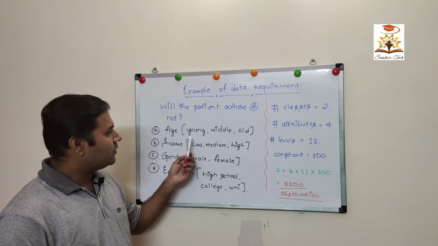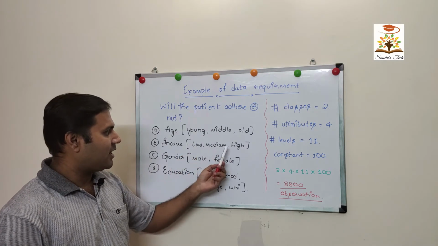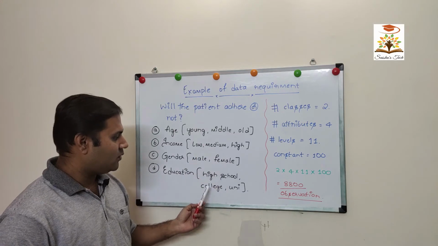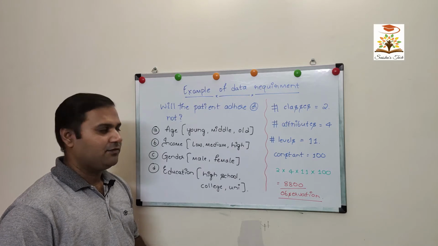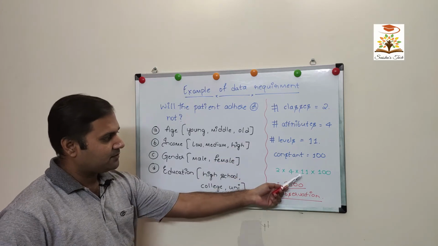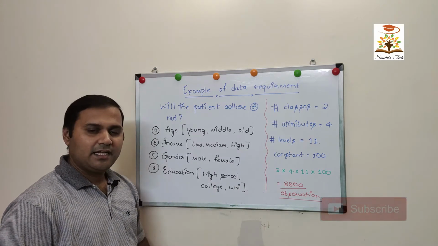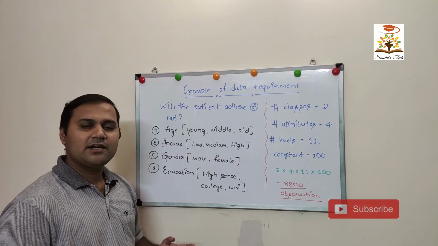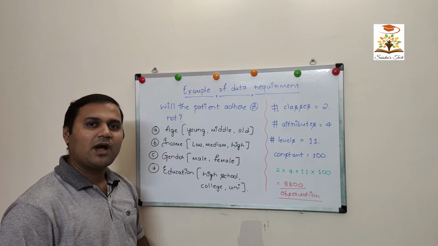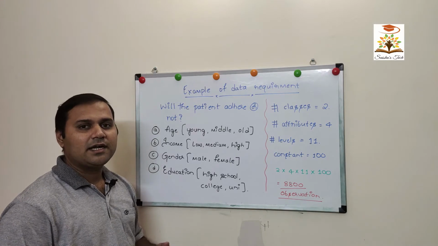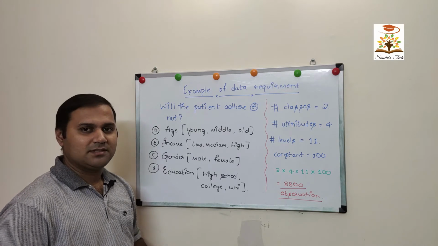We have totally 11 levels, that is young, middle, old, low, medium, high, male, female, high school, college and university, and a constant of 100. When we multiply all these values, we get output as 8800. Hence, we would require 8800 observations as a minimum data requirement for building the model to identify whether the patient will adhere or not. Now let us solve few more examples.